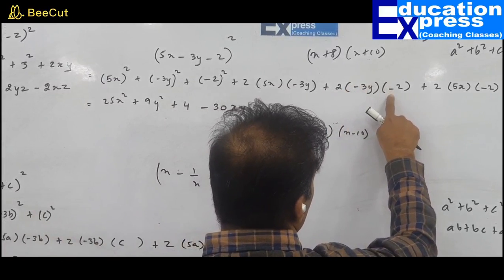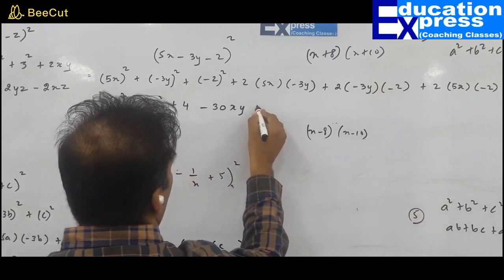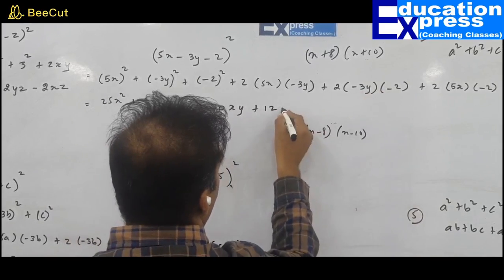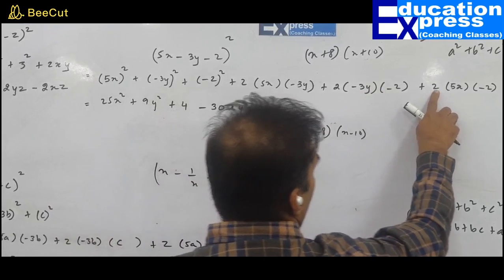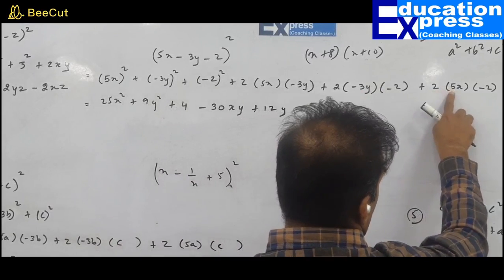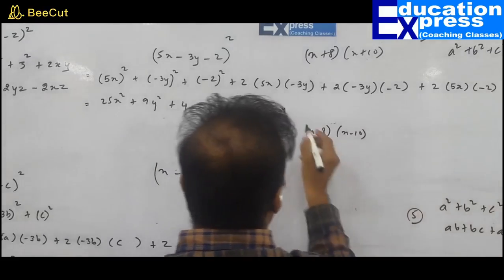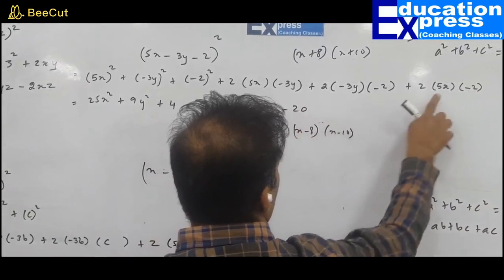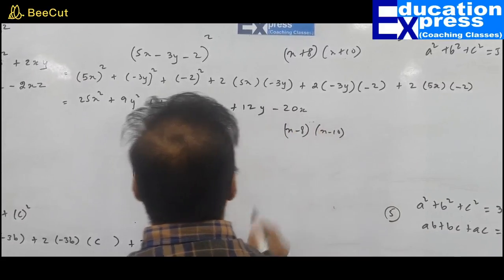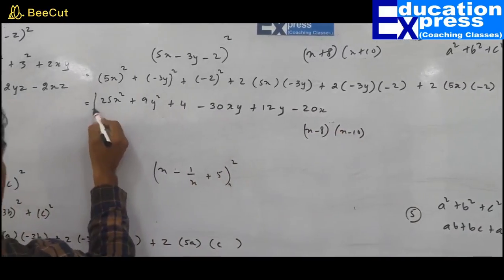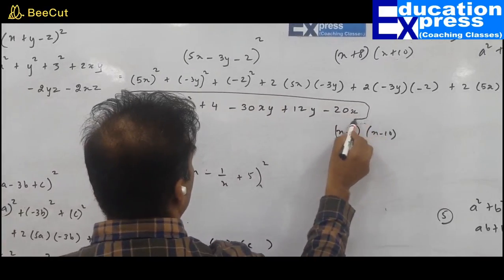Minus 6 into minus 2, that's 12. Plus 12, y. 5 2s are 10. 10 into minus 2, minus 20. Minus 20, what remains? X. So, this is your final answer.